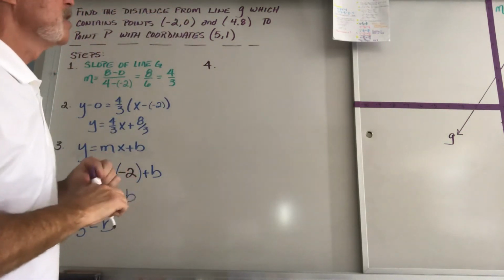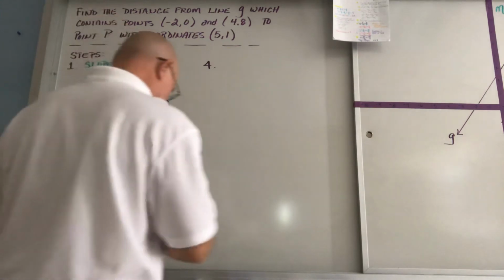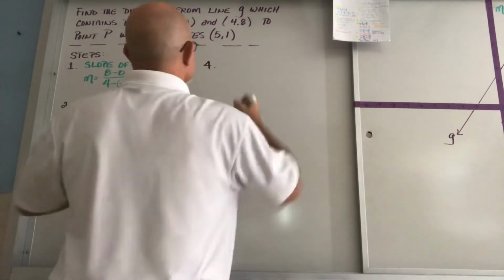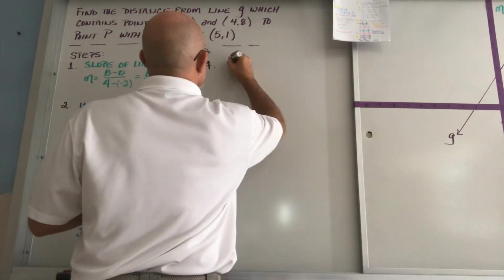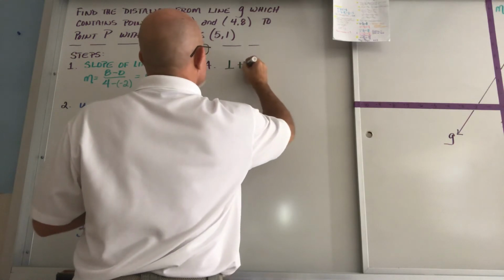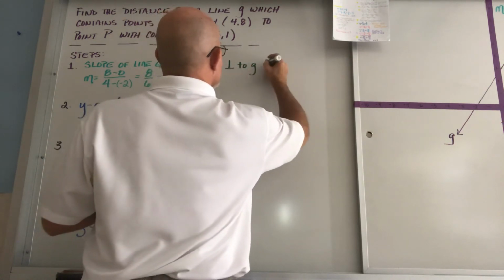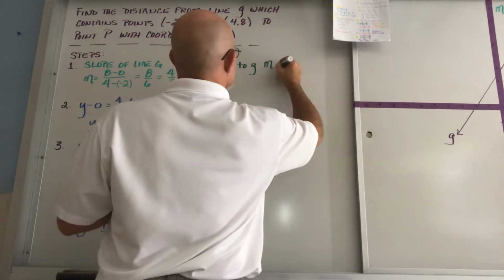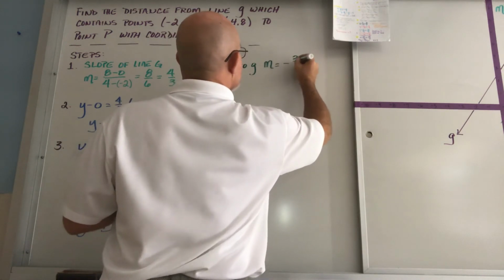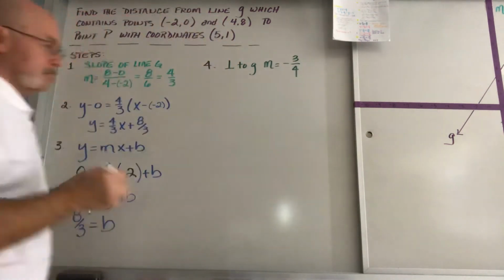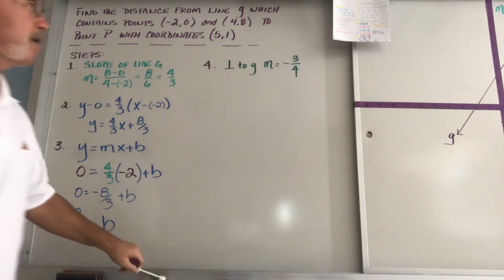Negative reciprocal of that. So we're going to start with its slope. Okay, so there's our slope there.